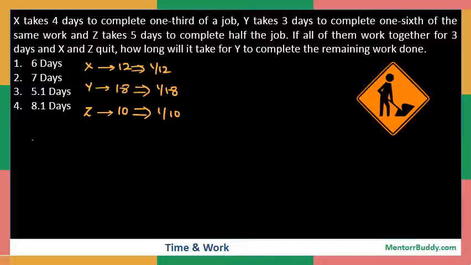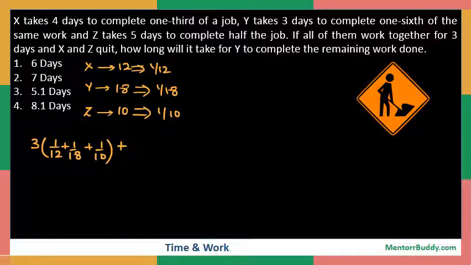So when they are working for 3 days together, their total work will be (1 upon 12 plus 1 upon 18 plus 1 upon 10) multiplied by 3, plus, now what happens, X and Z quit. Therefore, the remaining work has to be done by Y.